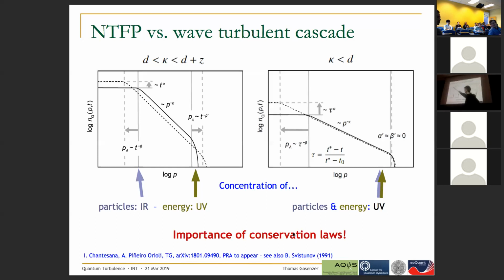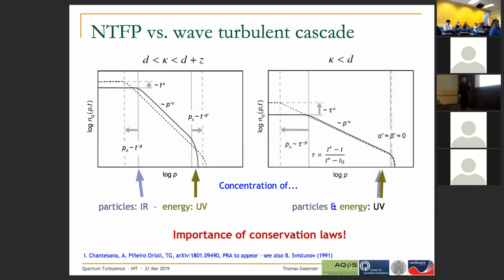Now, the difference between a typical inverse cascade and our self-similar evolution is the fact that the power law kappa here is such that it is between the dimension d of the system and the dimension plus z, where z is the dynamical exponent, or here simply the power of the k-dependence of the eigenfrequency of the mode k.